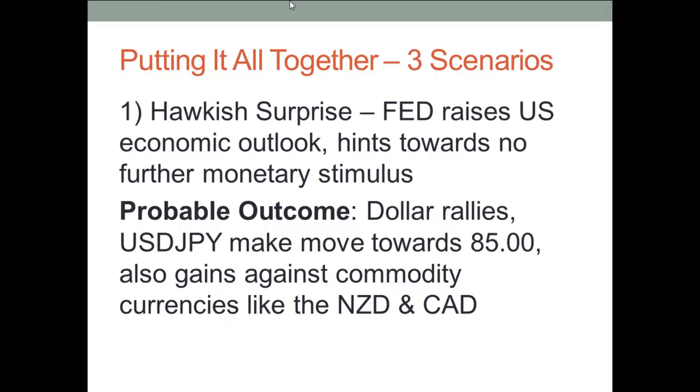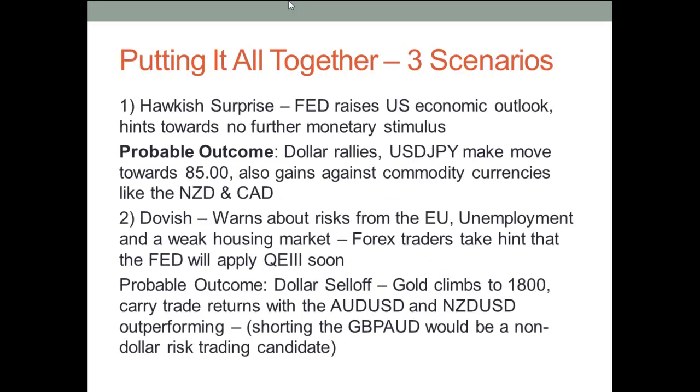So if we're going to see losses against commodity currencies, I would stick to trading the dollar against the New Zealand dollar or the Canadian dollar. Okay. And remember, if we have this hawkish surprise, it might not just be a one-day move. It could carry over for several days.